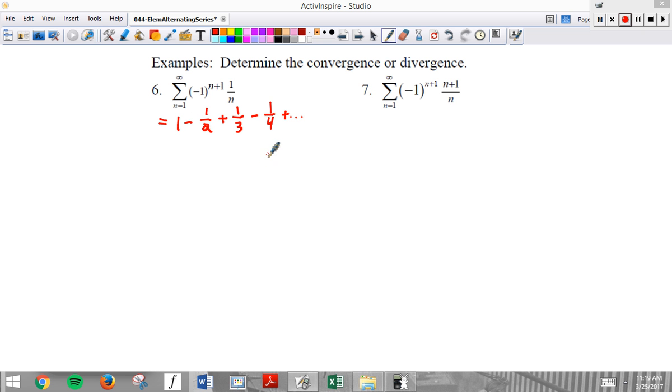Now, I look at this, and I want to think about two things. First, I want to think about what's the limit. So it's something along the lines of this. I'm thinking about the limit as n goes to infinity of the absolute value, which is the same as this.